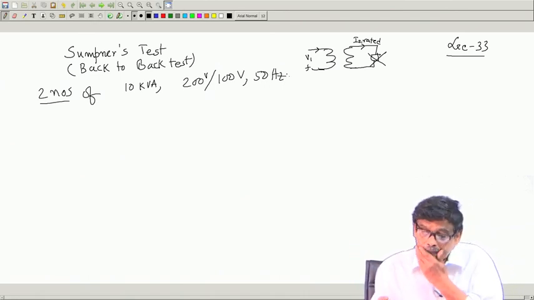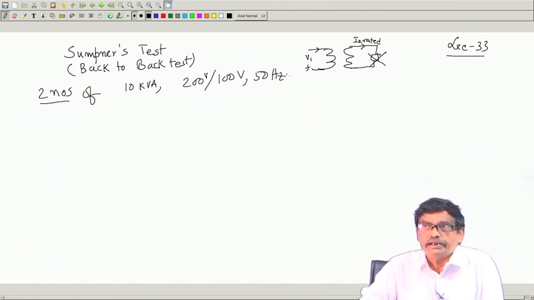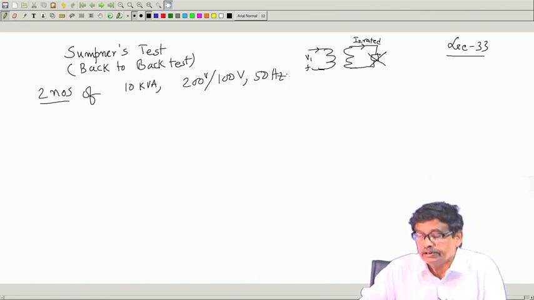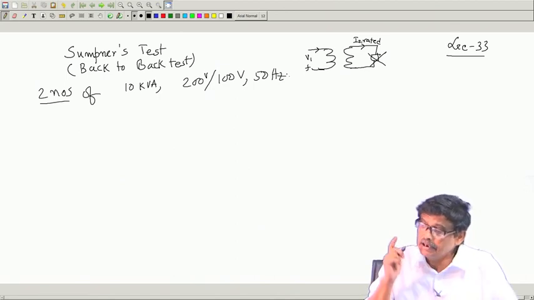First, you have to carry out the polarity test. I will also take the opportunity to explain how to ascertain polarity, because it is essential for this test. Unless you know the polarity, it will not be possible to carry out the test; it cannot be left to chance. Now, what do I mean by polarity?